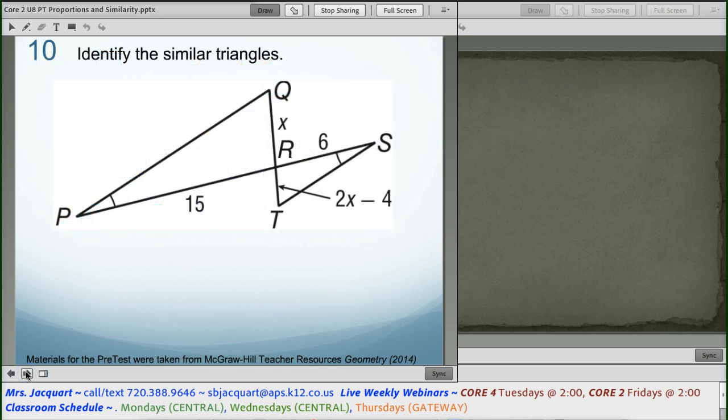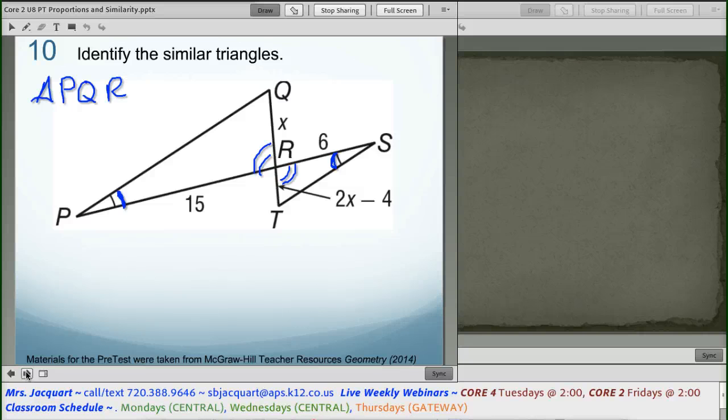Sweet! Problem number 10, verify the similar triangles. So let's use our colors. The big thing we want to do is note that those are my similar angles, okay? These angles are the same as well. So we're going to order them. I'm going to do triangle PQR.